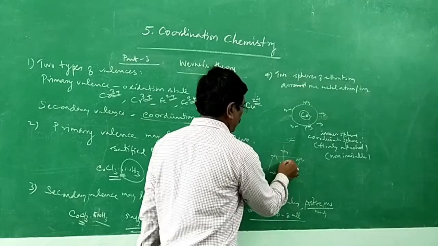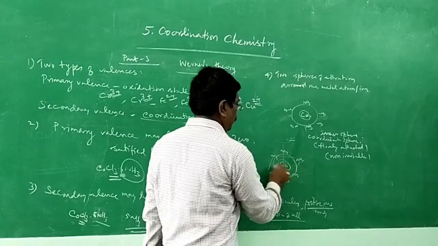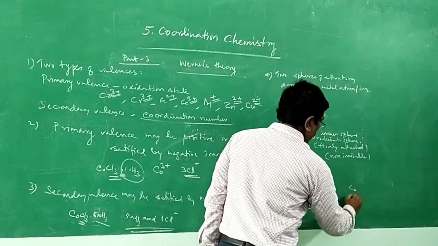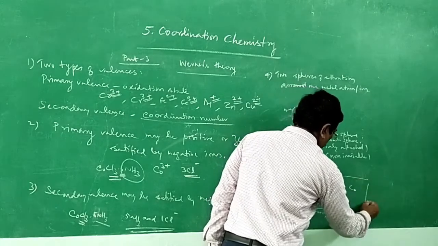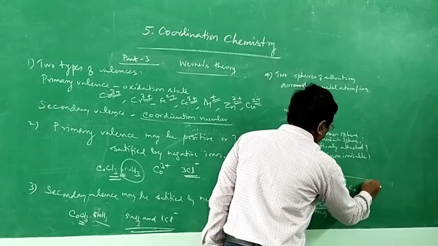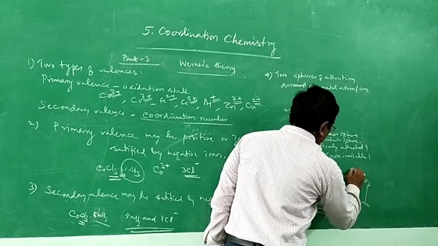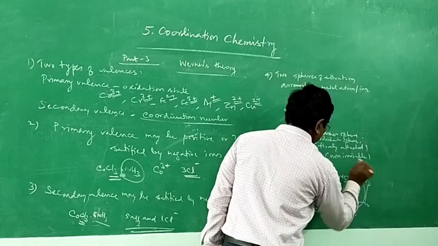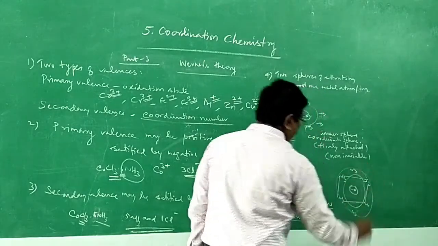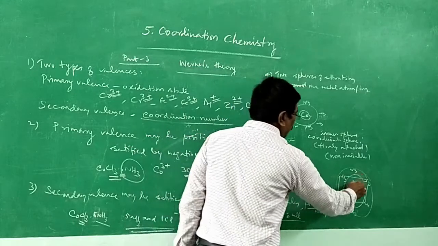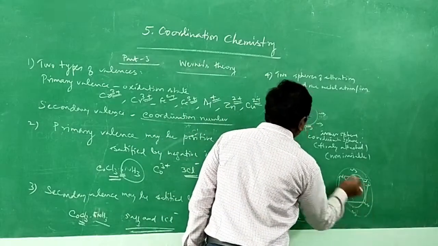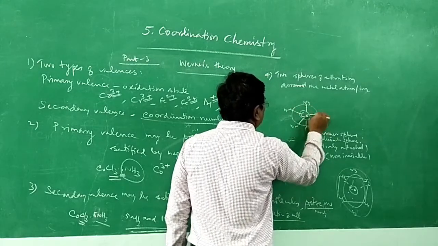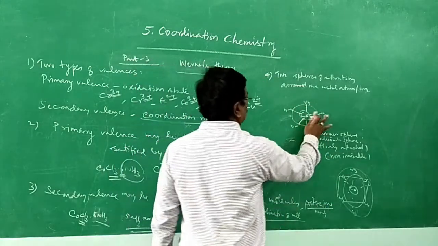If I draw a circle, it should form like this: cobalt with 6 ammonia, a single inner circle. Alright? Inner sphere. Firmly bonded.